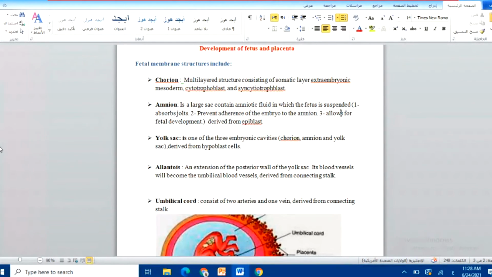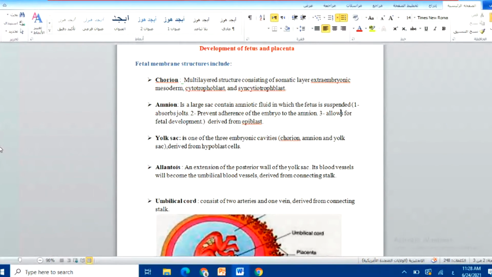So many jobs are found for this fluid, and it is a very important fluid, and it has a ratio of amount. The amount should be in the middle range.